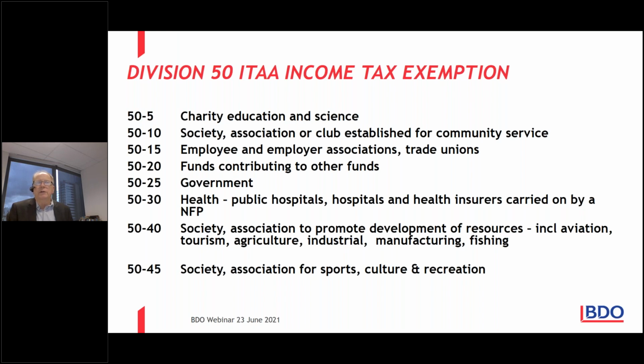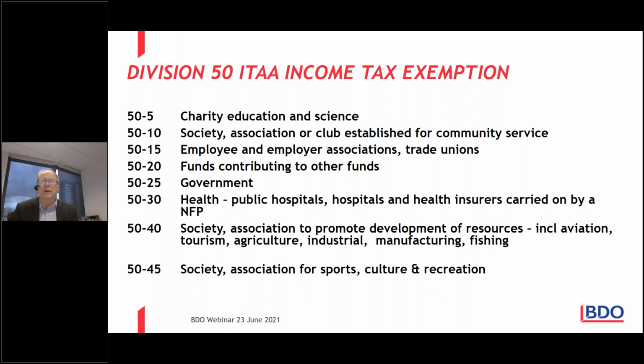And finally, 50-40, your society or association that covers off the promotion of the development of a number of categories, being aviation, tourism. The aviation one probably stems from the original act in 1936, when aviation was a new world thing. It was only a few years after Kingsford Smith had crossed the Pacific. Agriculture, industrial resources, manufacturing, fishing, things like horticulture, aquaculture, they all fit within that.